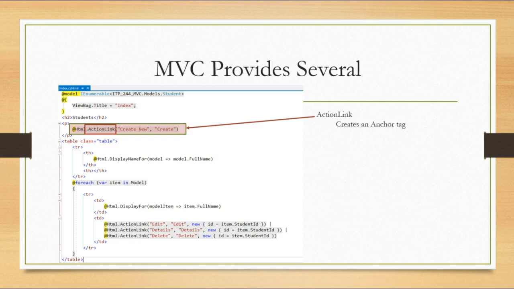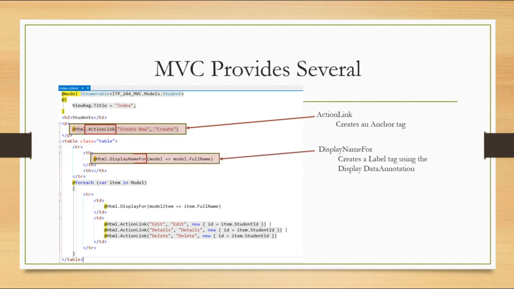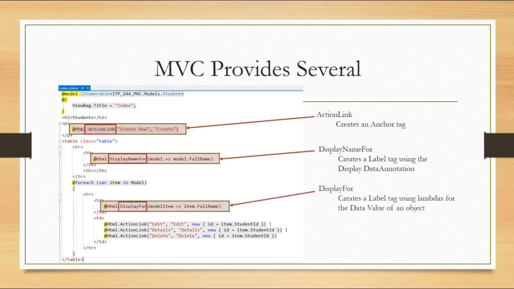Another HTML helper we see in the middle is called DisplayNameFor. What DisplayNameFor does is it will look at our model, in this case go to the full name property, and whatever is in our model's data annotations for that will display in this line. Next, you see we have DisplayFor.